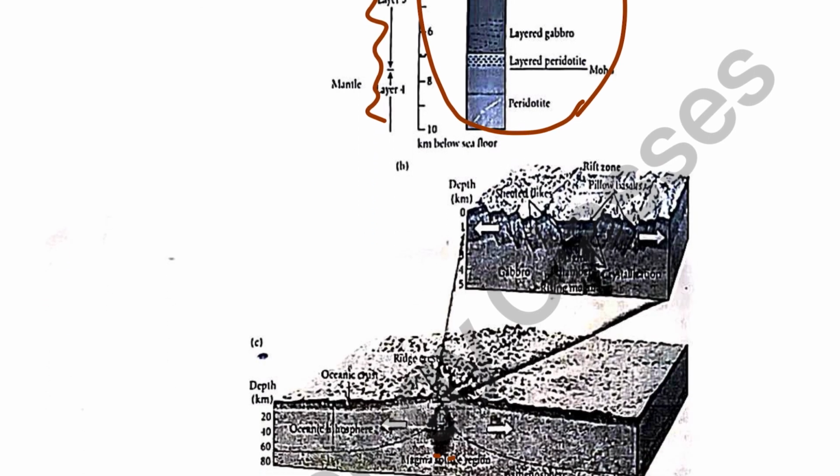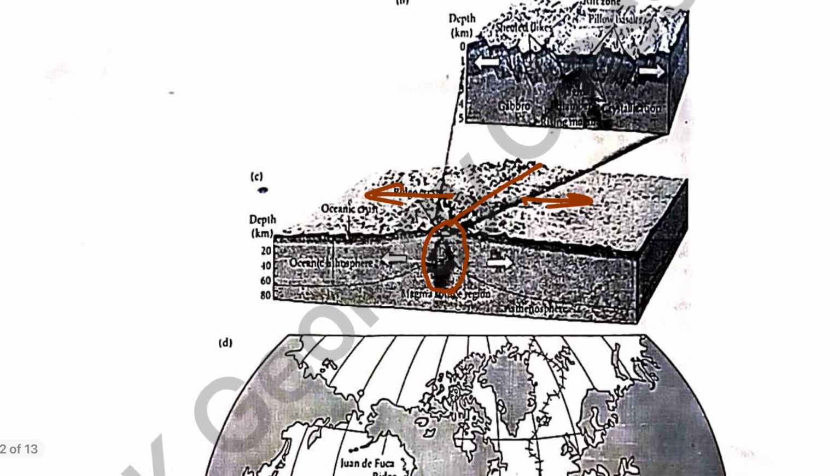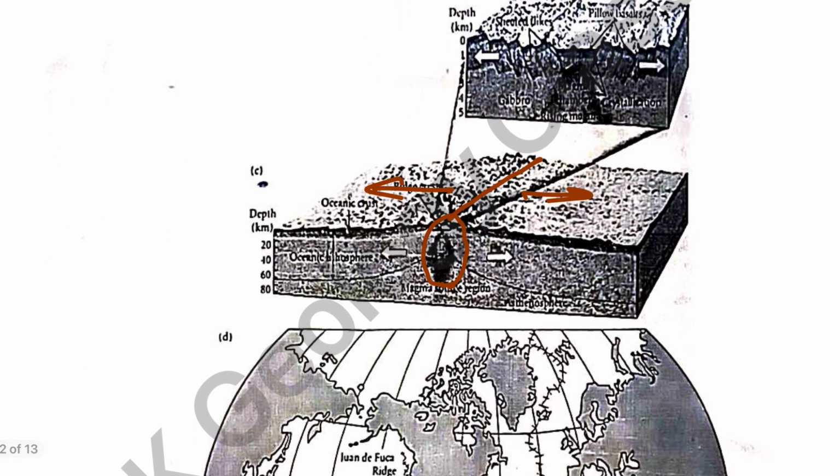This is the site where the mid-oceanic ridge is being created, and the two plates are pushed on both sides. Thus, new oceanic crust is always created along the mid-oceanic ridges, and the lithospheric plates on both sides of the ridge are found to be pushed sideways.